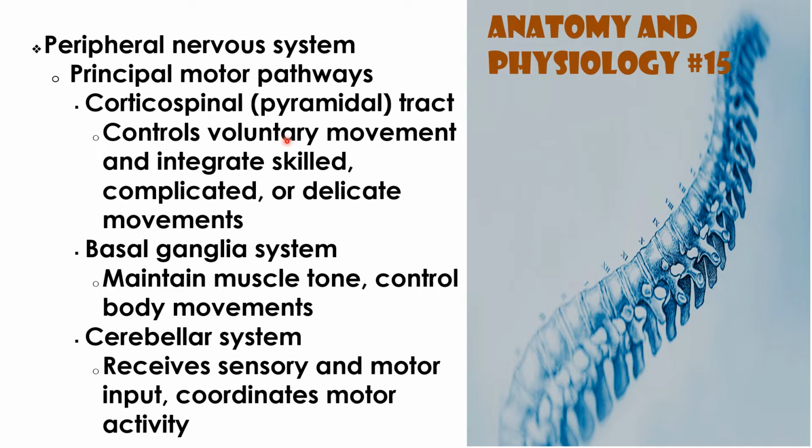The motor pathways are complex avenues extending from the upper motor neurons through long white matter tracts to the synapses with lower motor neurons and into the periphery through the peripheral nerves. The upper motor neurons' cell bodies lie in the motor strip of the cerebral cortex and in several brain stem nuclei.